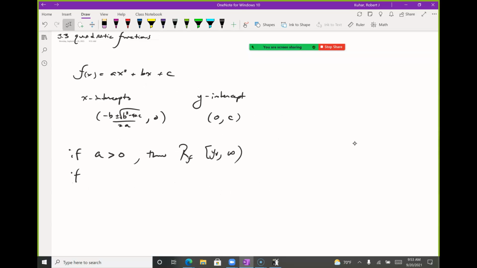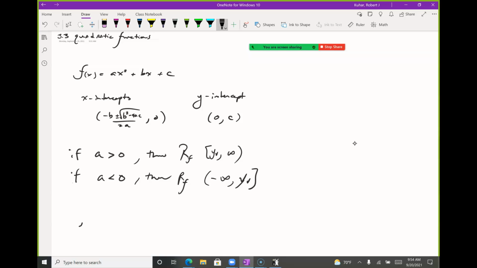If that leading coefficient is positive, it opens up, so I go from my vertex up. And if a is negative, then the range is coming from minus infinity, comma, y sub v. And I'll show you what I mean by that in a second.